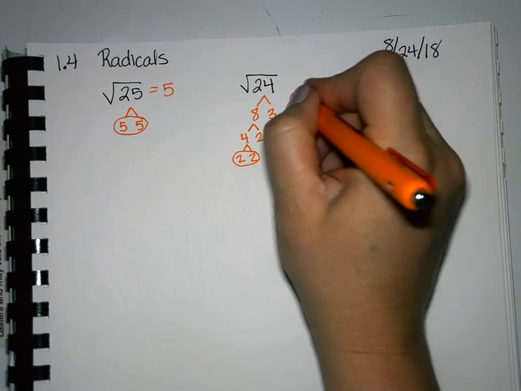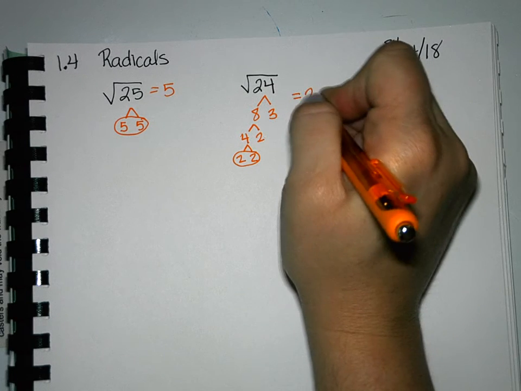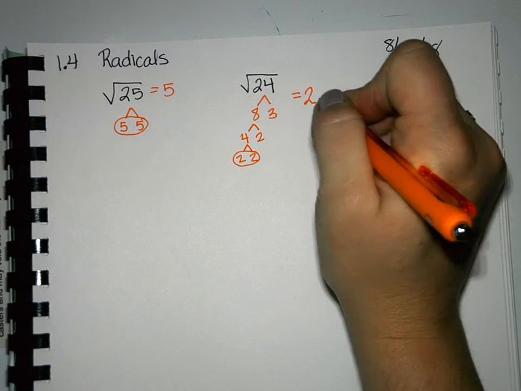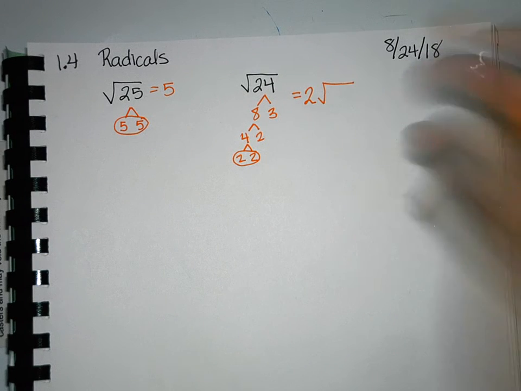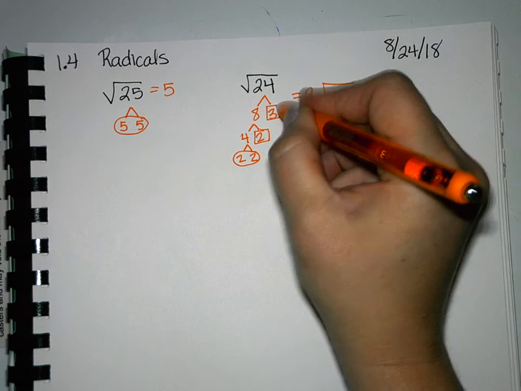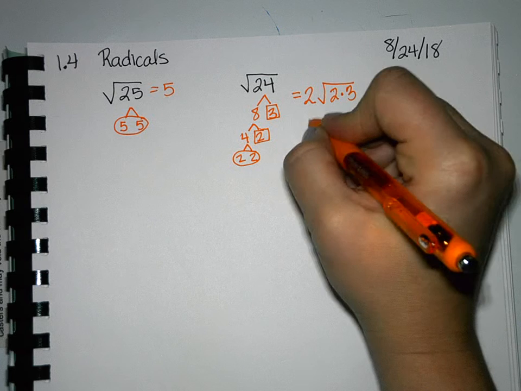So how we're going to simplify this, if it was a pair, we bring it outside. So I'll bring it out as a 2, just like we did the 5. If it did not have a pair, so our 2 here that did not pair up, multiply them back together inside the square root.